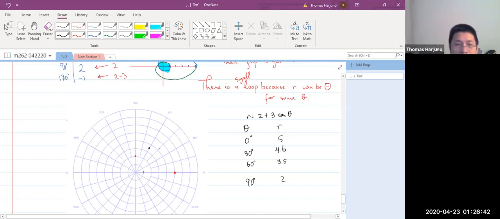Okay, sorry, it should be here. Now then, what happens if theta is 120 degrees? I think that's 0.5.